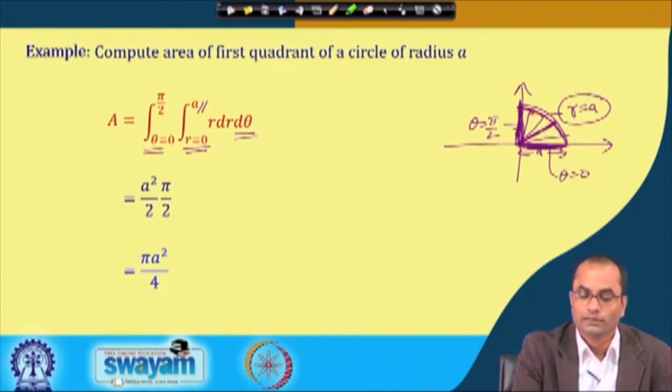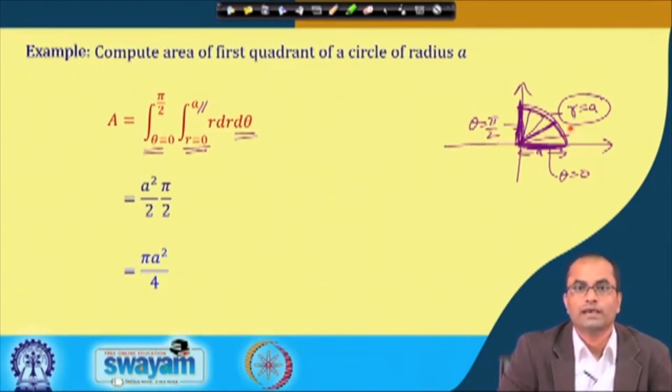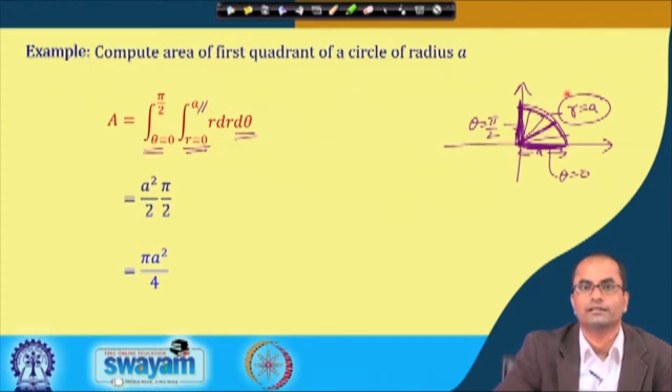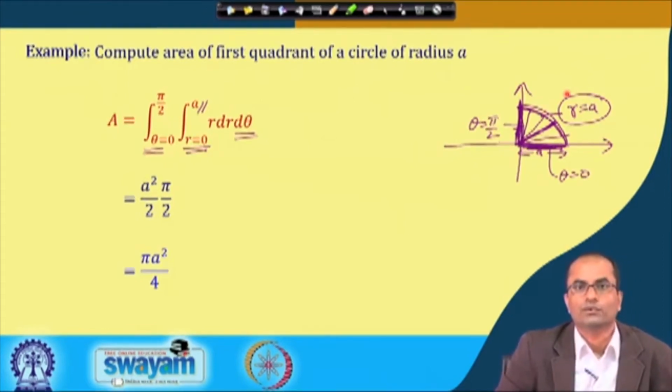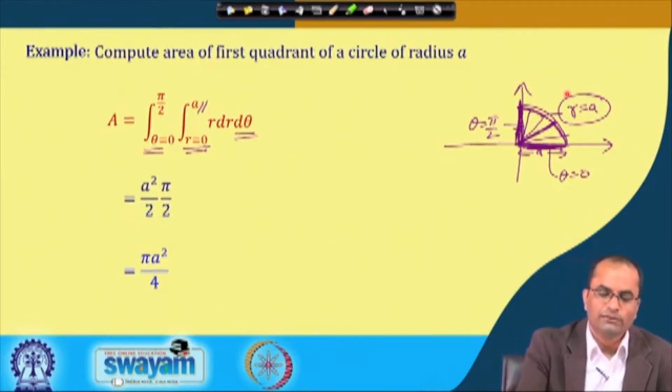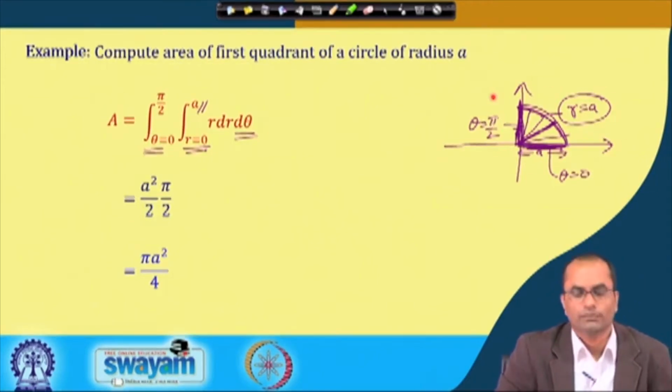But in Cartesian coordinates this will be x square plus y square equals a square. So, we have to first compute the limit of x or y accordingly, and get the square root of a square minus x square or y square. That will make the integral a bit complicated.